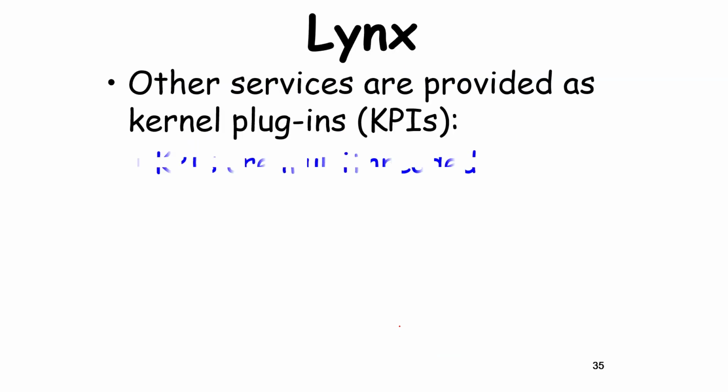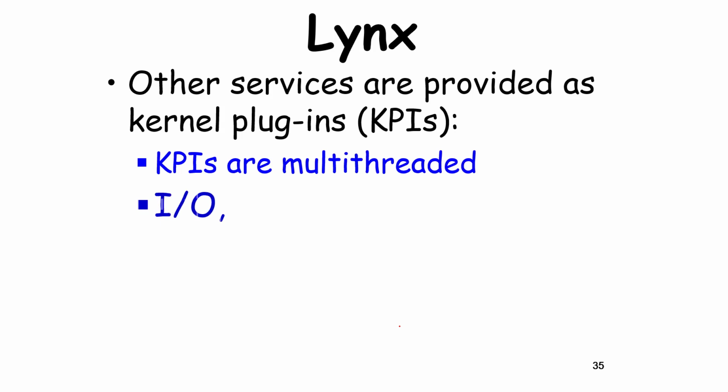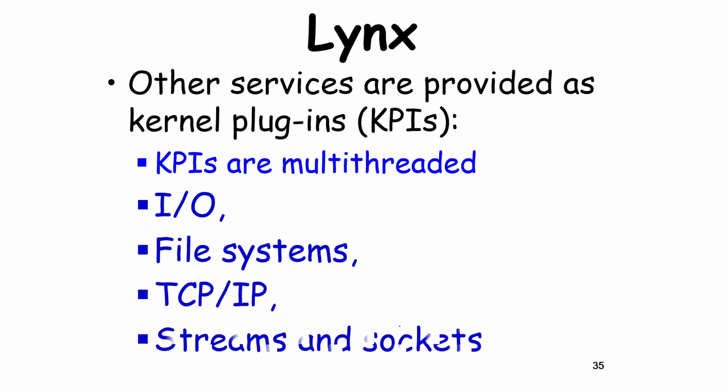Other services, of course, are provided as plugins, KPIs, as we have been seeing in other OSs as well. The KPIs themselves can be multi-threaded, and also they can provide other services such as I/O, file systems, TCP/IP networking, and streams and sockets in a multi-process, even a multi-machine environment.